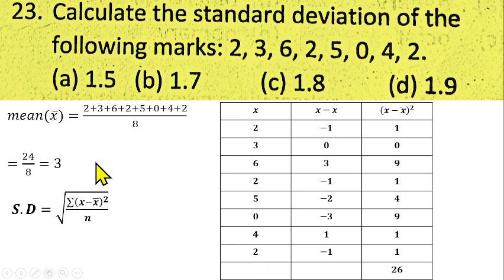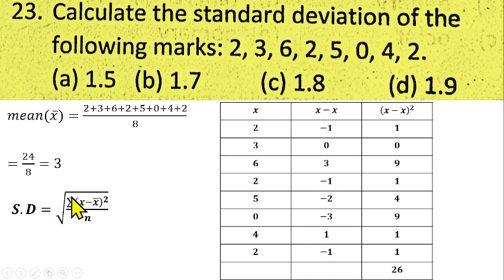So 2 minus 3 gives us minus 1. 3 minus 3 is 0. 6 minus 3 is 3. 2 minus 3 is minus 1. 5 minus 3 is 2, not minus 2. Then 0 minus 3 is minus 3. 4 minus 3 is 1. 2 minus 3 is minus 1.